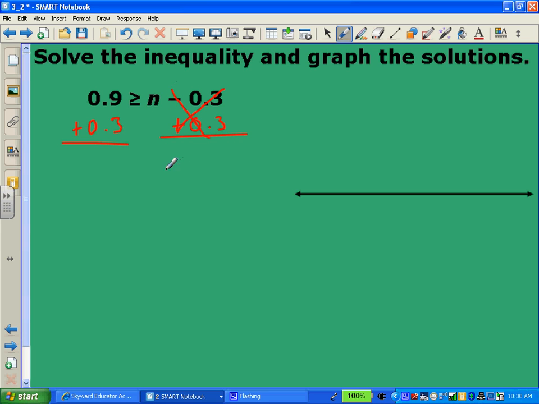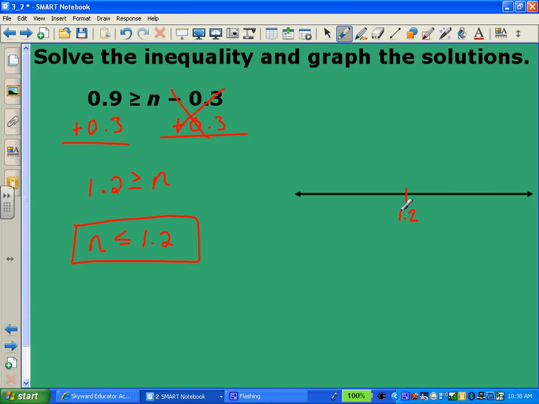Over here, negative 0.3 plus 0.3 is 0, so I just have n less than or equal to, this is going to be 1.2. Okay. Now remember, we talked about when the variable's on the other side, it will make it easier. You will just write it the other way and flip the sign. Okay, so n is less than or equal to 1.2.